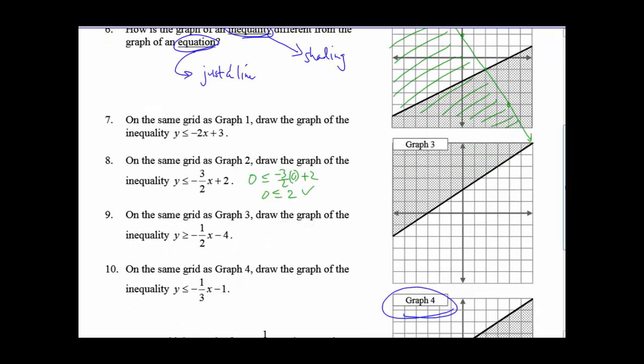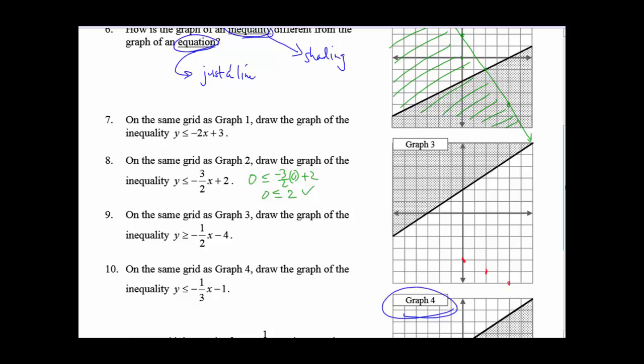Number 9. On graph 3, we're going to draw the graph of all the y's that are greater than or equal to negative 1/2 x minus 4. So we're going to start with 0, negative 4 for the y-intercept. And then from that point, we're going to go down 1 and right 2 and put a point. Down 1 and right 2 and put a point.